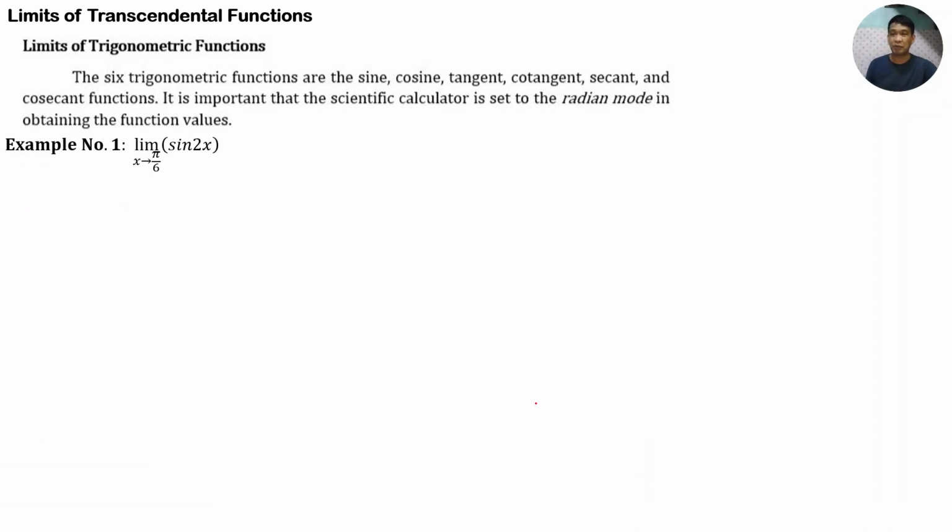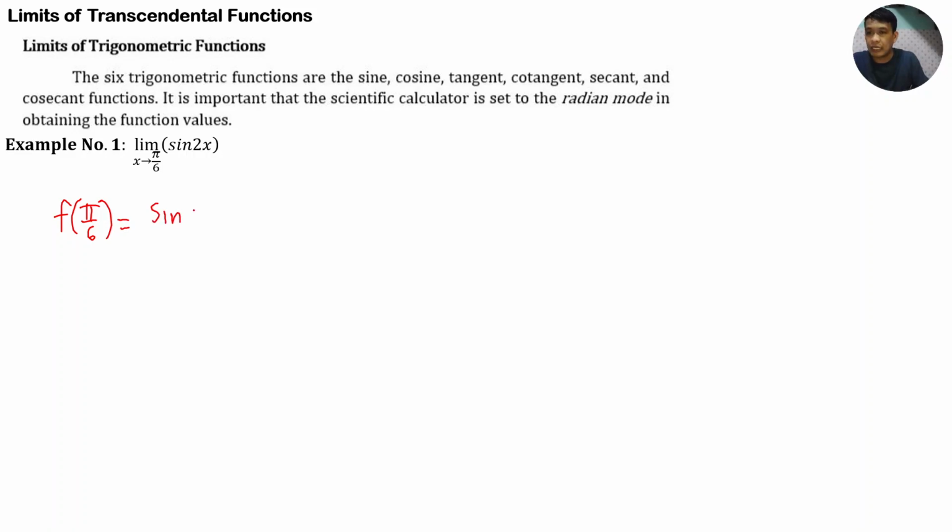So example number 1, we have limit of sine 2x as x approaches pi over 6. So again, ang domain ng sine function is a set of all real numbers. So, ibig sabihin, x is equal to pi over 6 belongs to that domain. So, pwede tayong gumamit ng function values ulit. So, pi over 6.